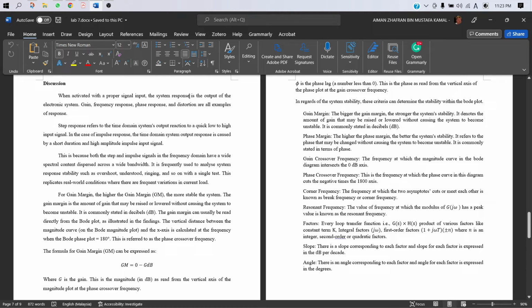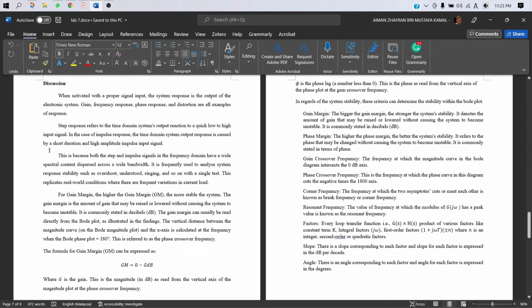So, for the discussion, when activated with a proper signal input, the system response is the output of the electronic system. Gain, frequency response, phase response, and distortion are all examples of response. Step response refers to the time domain system's output to a quick low to high input signal. In the case of impulse response, the time domain system output response is caused by short duration and high amplitude impulse input signals.